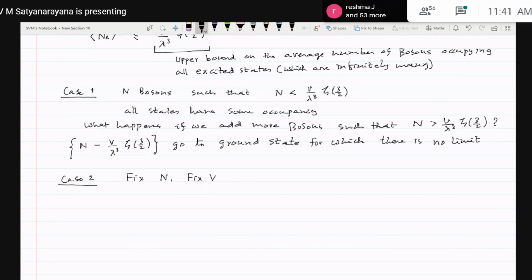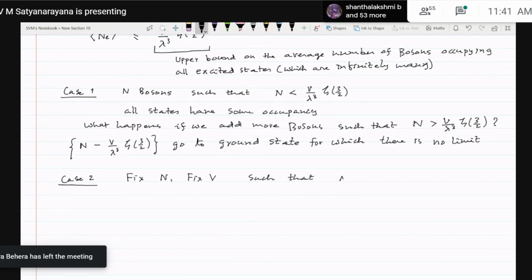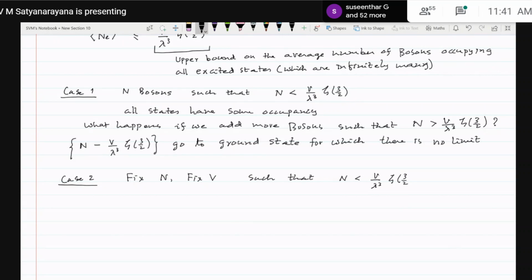Maybe it is such that n is less than v by lambda cube zeta of 3 by 2. Now there is no problem. That means all the states are occupied. This is like normal occupation.